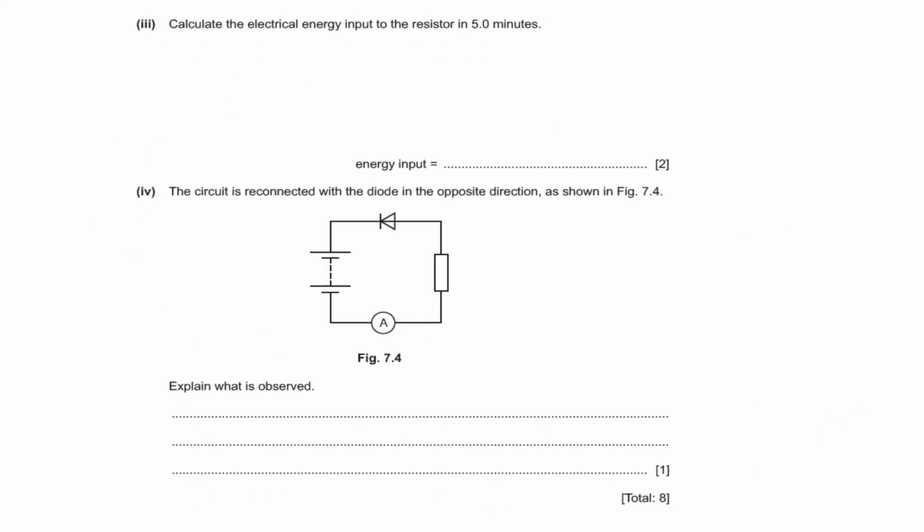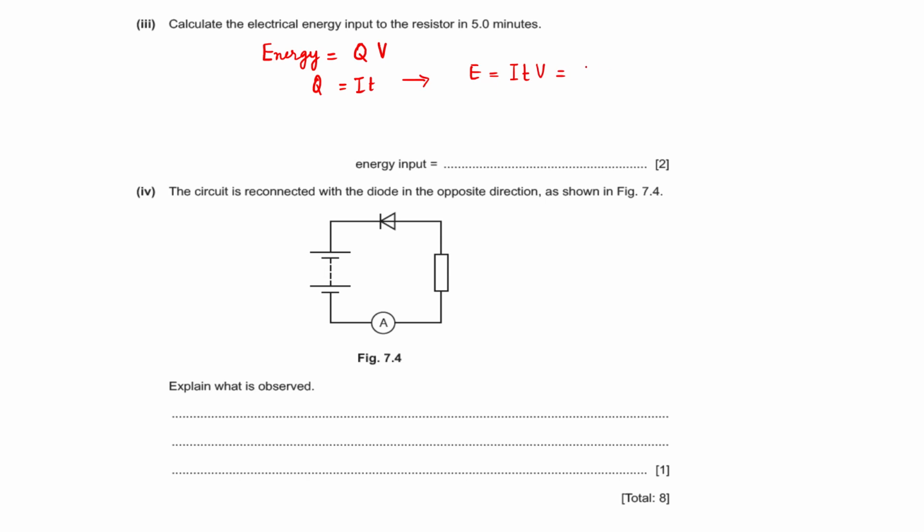So next question, part number 3. Calculate electrical energy input to the resistor in 5 minutes. Remember energy equals charge times voltage, and remember Q equals IT. So energy equals I T into voltage.